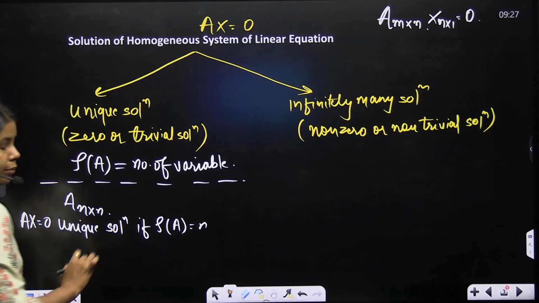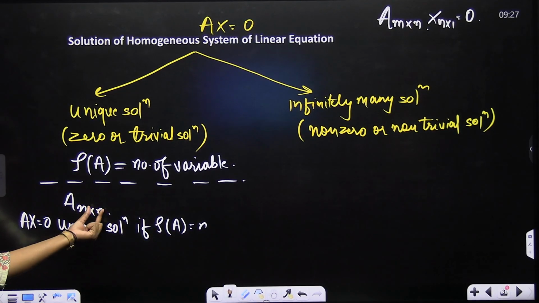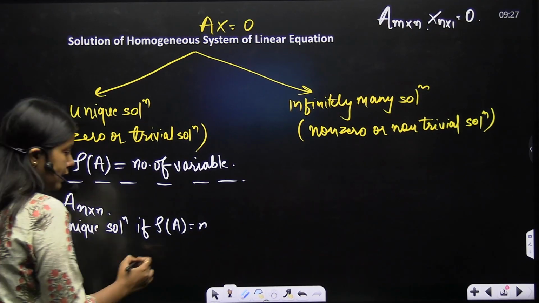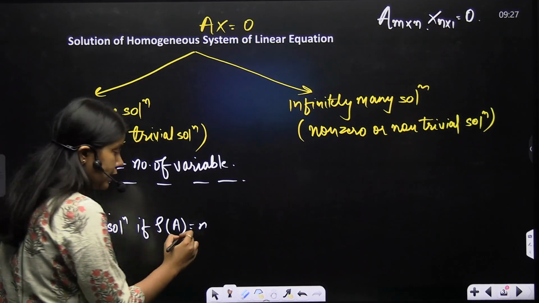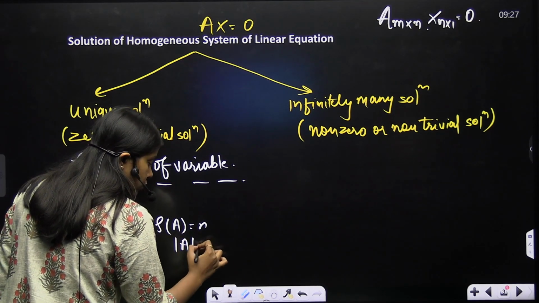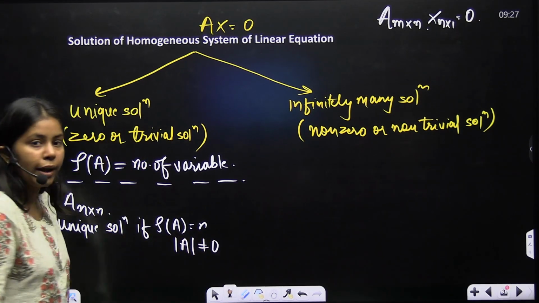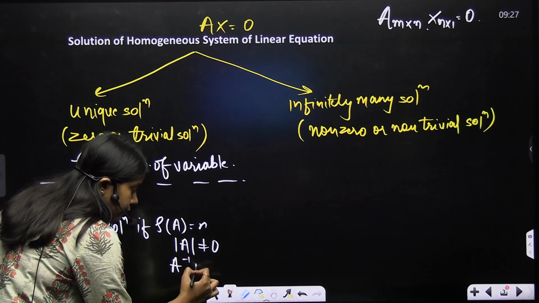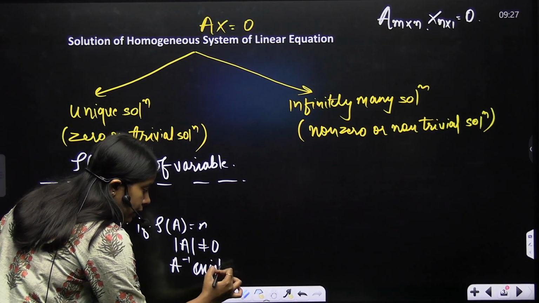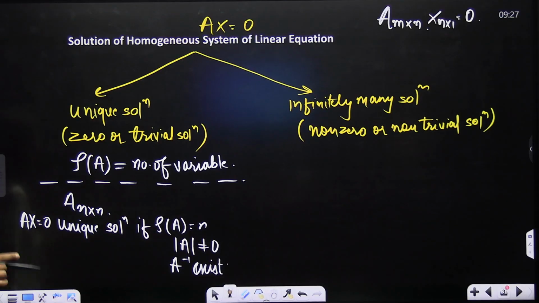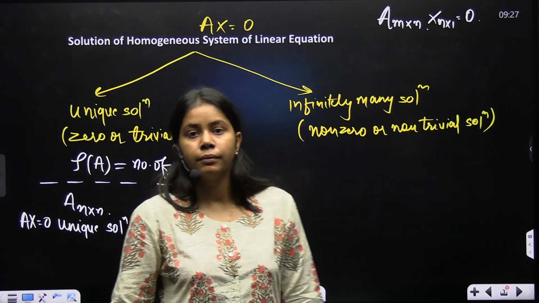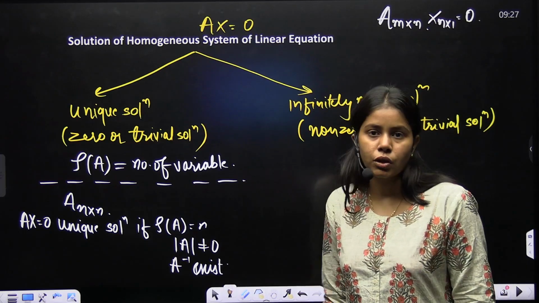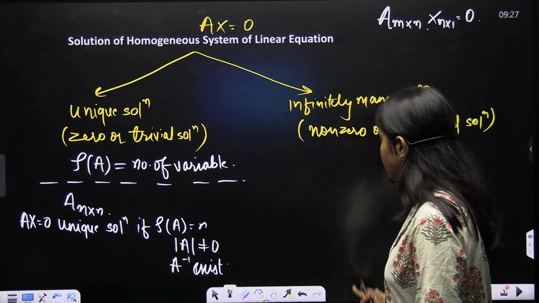That means, because the number of variables would be n and A is an n cross n matrix, the number of columns A has can be the number of rows. Rank of A is n, and if rank of A is n, can I say that the determinant of A is non-zero by the definition of minor? That means I can say that A inverse exists, and A is a non-singular matrix.